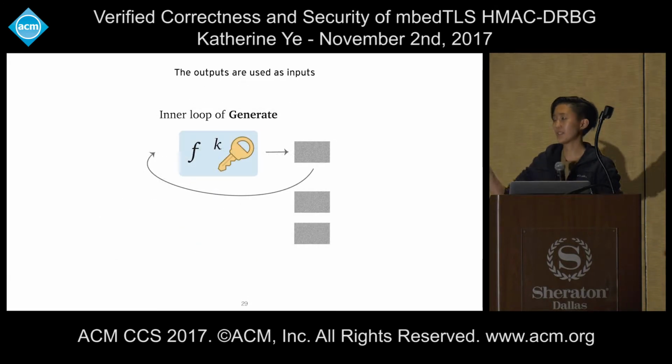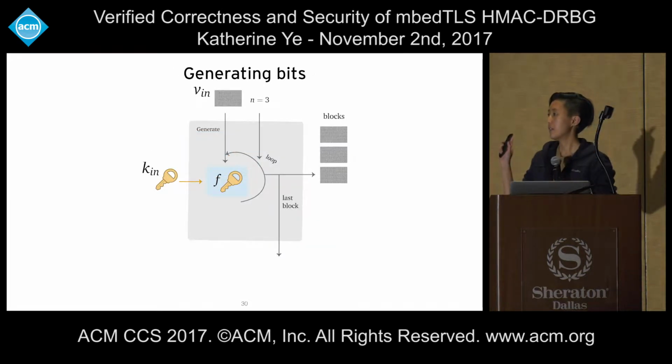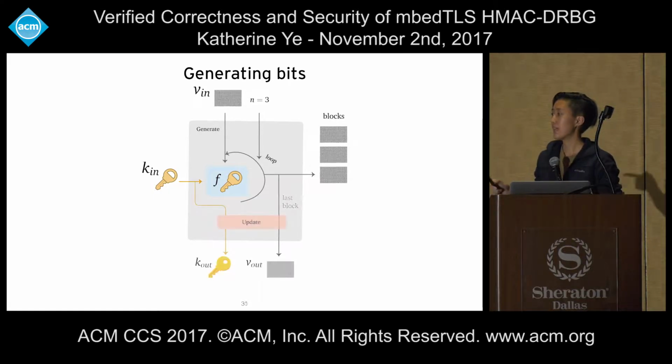So visually, what you're doing is you're taking the output and you keep plugging it back in as the input with the same key. That's how the inner loop of the generate function works for HMAC-DRBG. So the entire function, the API looks like you give it a K and a V, generate some blocks, you take the last block of output, and that, along with the same key, goes into the update function, which refreshes the K and the V.